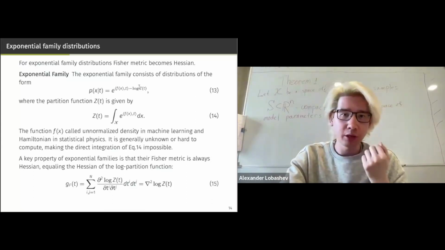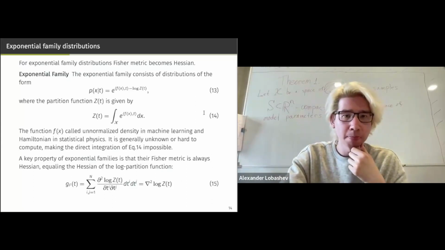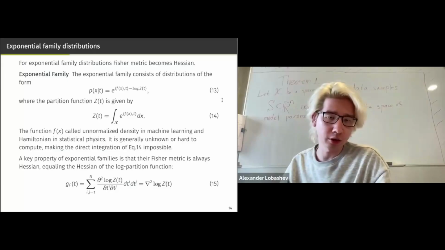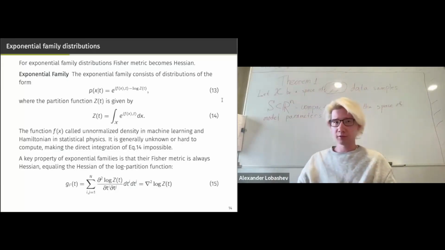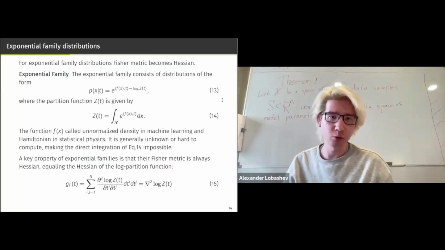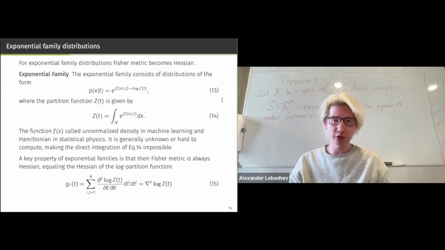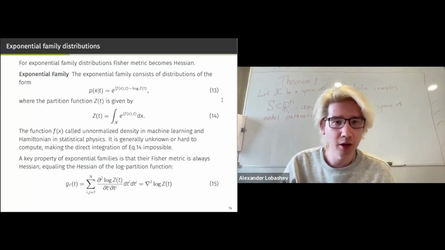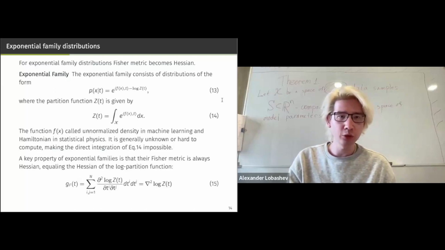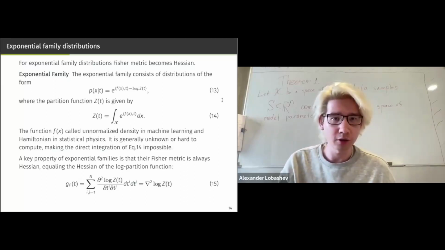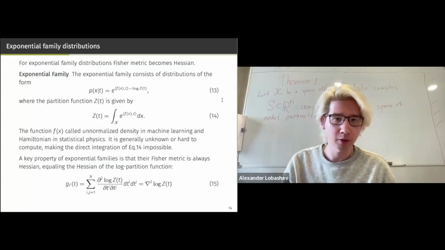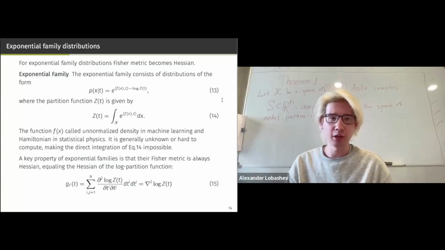Actually, there is a family of probability distributions for which this Fisher metric becomes a Hessian metric. So what is the idea now? We know that for generative adversarial networks, we have geodesics which are almost straight lines in the latent space. And we know that on an affine manifold, we could introduce a structure of Hessian manifold. So it means that we have a Hessian potential, a convex potential, and the Hessian of it is a metric.